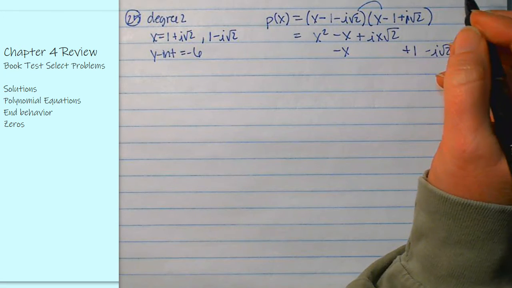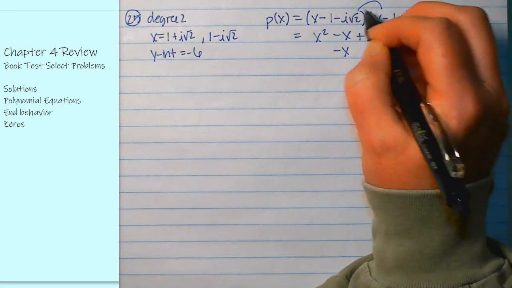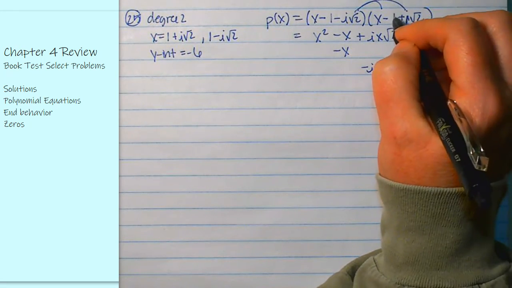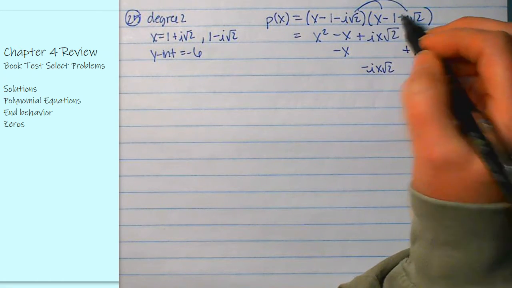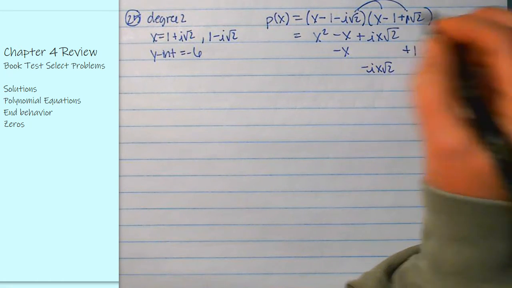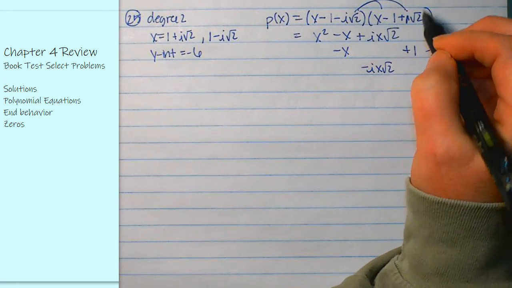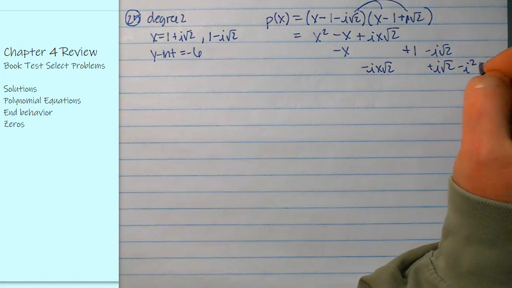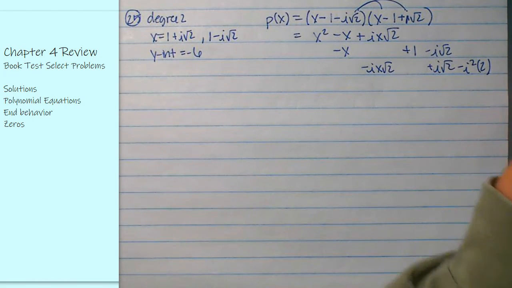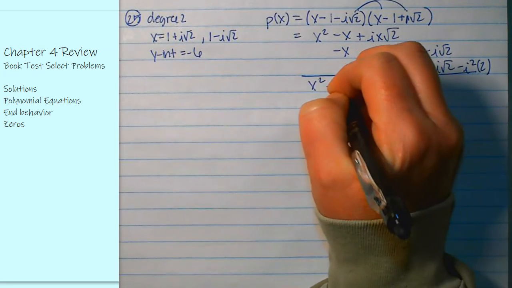And this guy is going to be negative ix square root of 2. I'm doing this one, so that's going to be negative, and negative is positive i square root of 2, and then negative i squared, square root of 2 times square root of 2 is 2. So then when I add everything up, I've got x squared minus 2x.